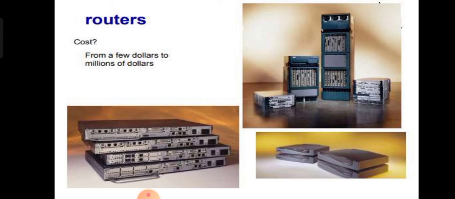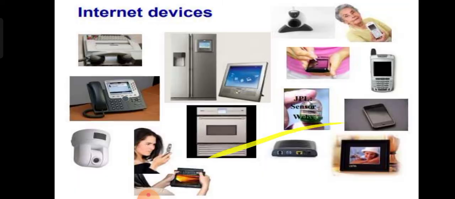We use a lot of devices: telephones, televisions, CCTV cameras, mobile phones, iPads, tablets and scanners. A refrigerator is also used, and a smart door lock means we use sensors. So a lot of devices are used on a network.